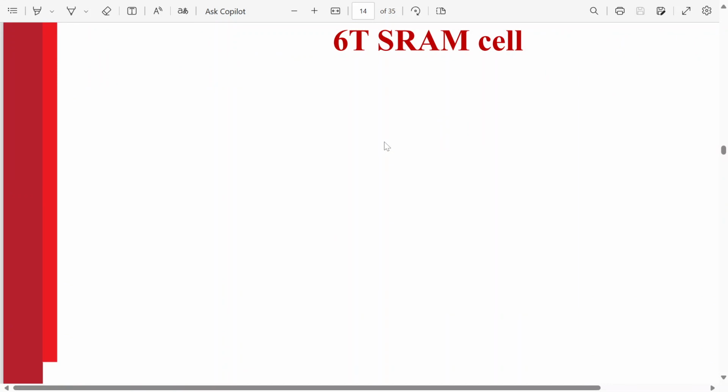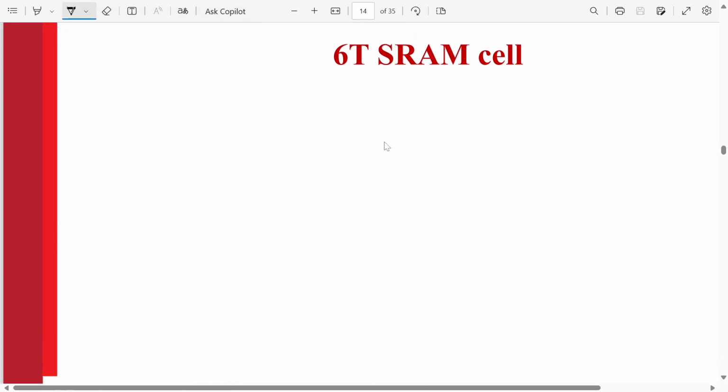Now, we have seen the 4T SRAM cell up till now, which is as follows. So we have this transistor. This is inverter number 1. This is ground. This is VDD. Yes or no? And then we have another inverter, inverter number 2.